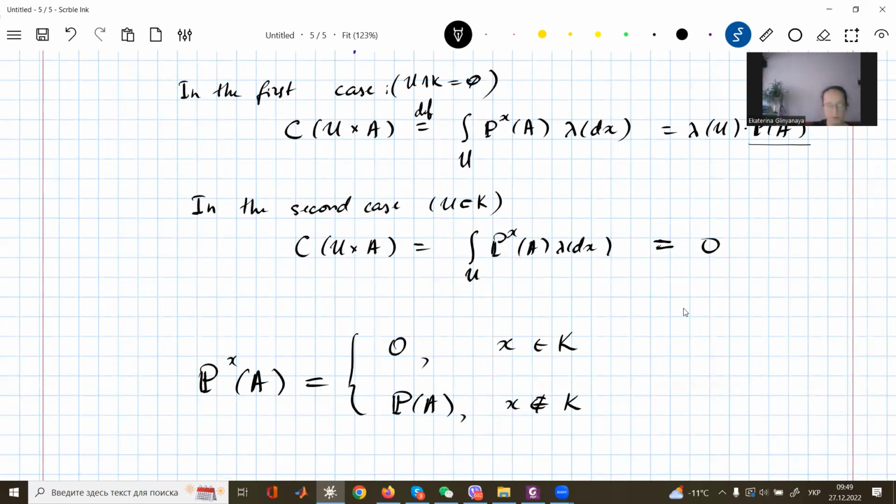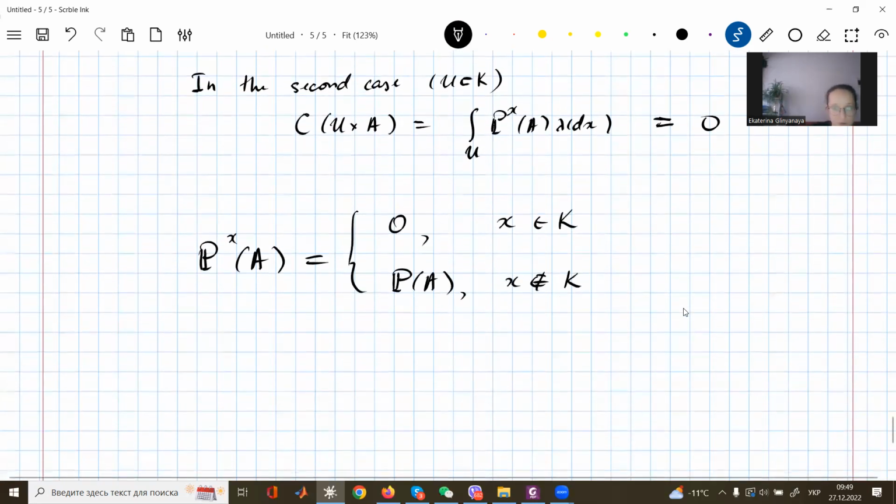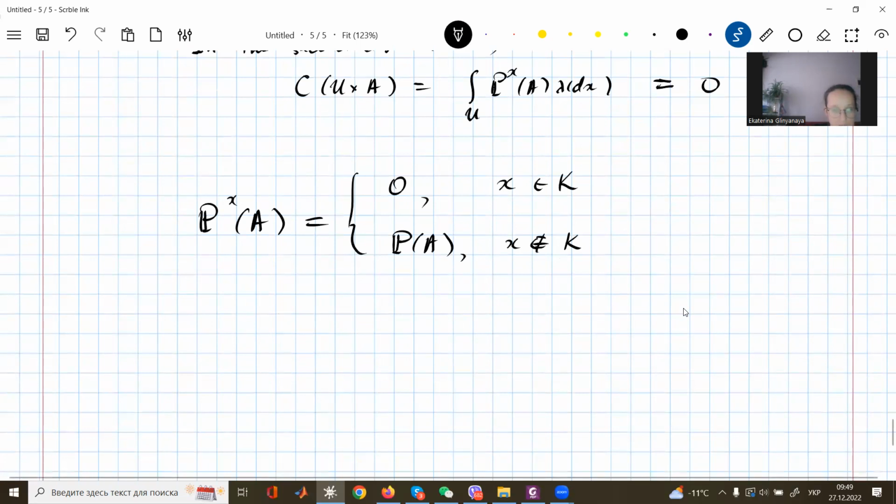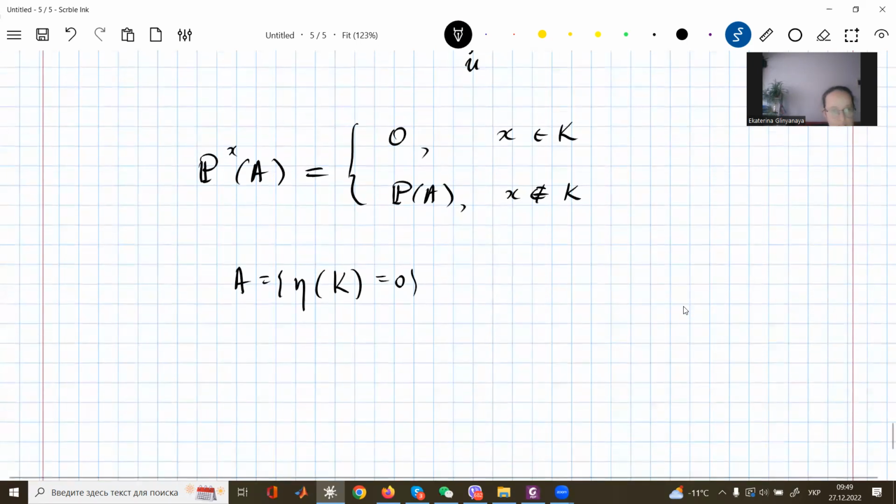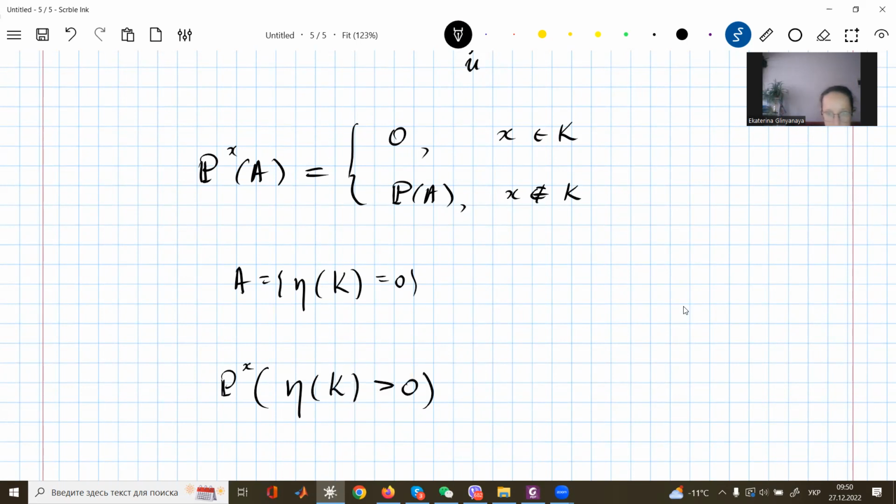So let us recall once more what A is. I just write that A is the event that in subset K we do not have any points. So I can write now the probability with index x. Let me take the opposite, so I just write bigger than 0.